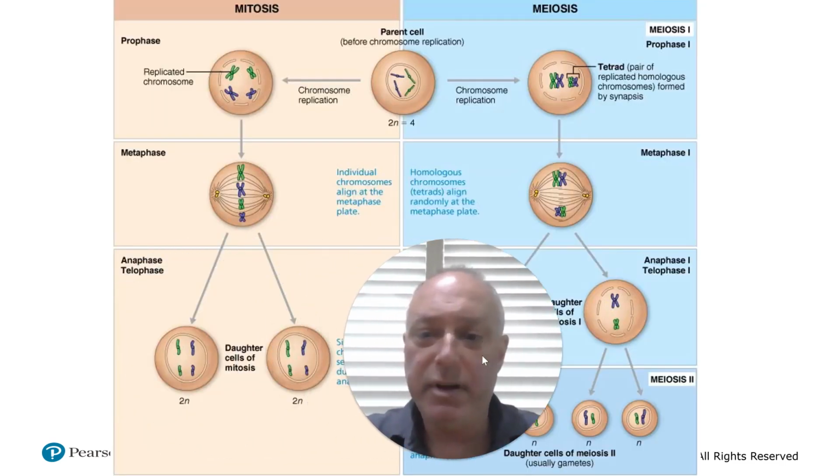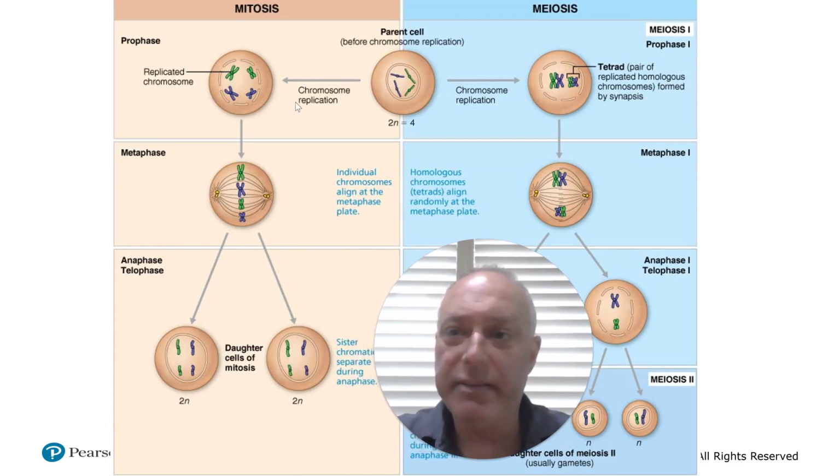And just to compare, let's review mitosis. On the left, we've got prophase, which is when the chromosomes condense. They go from chromatin to chromosomes. The nuclear spindle starts to form, and the nuclear membrane breaks down. During metaphase, your chromosomes line up, and the sister chromatids then segregate.